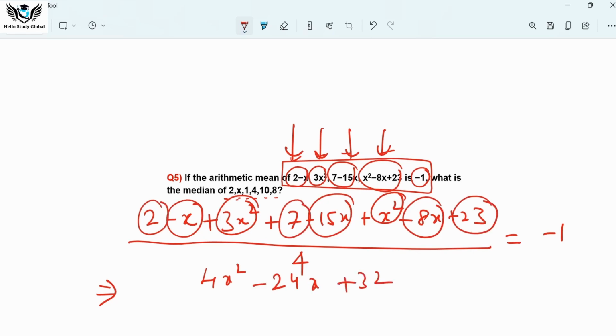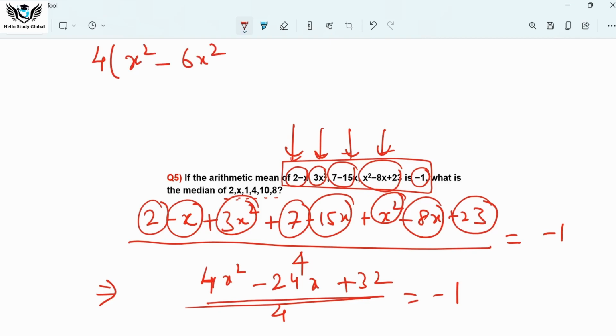Plus 32 divided by 4 is equal to minus 1. So we can divide individually, we can take 4 common out of these terms. So 4, what would be left? x square minus 4 6s are 24, 6x plus 4 8s are 32, upon 4 is already there, which gets cancelled, is equal to minus 1.